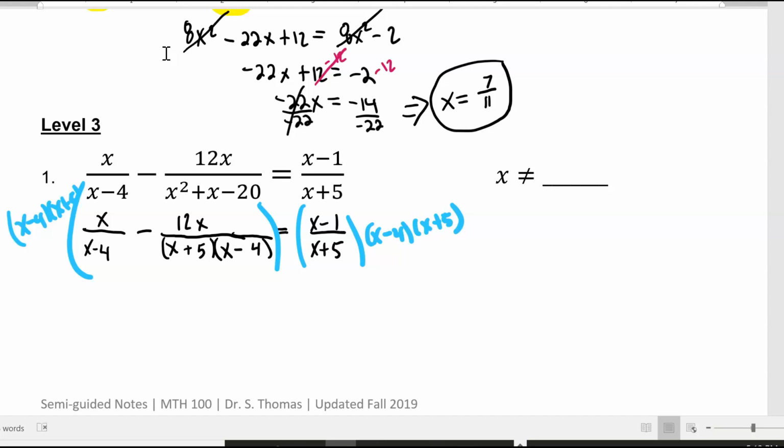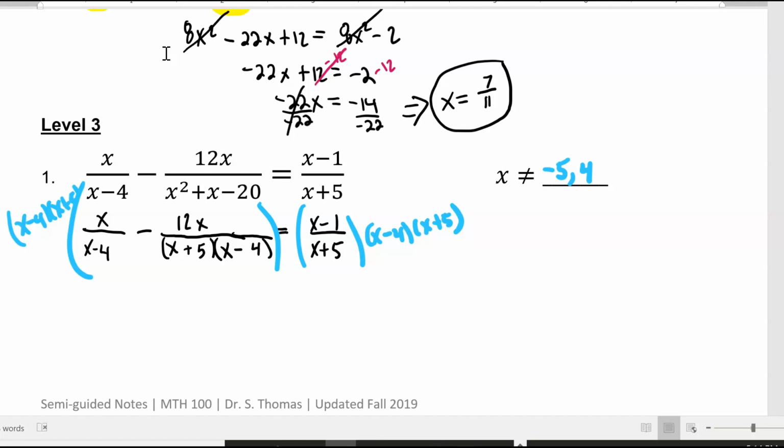If the denominators are factorable, factor them first before determining the restrictions. So the restrictions for this problem are negative 5 and positive 4. Set your factored denominators to 0 and solve for x.